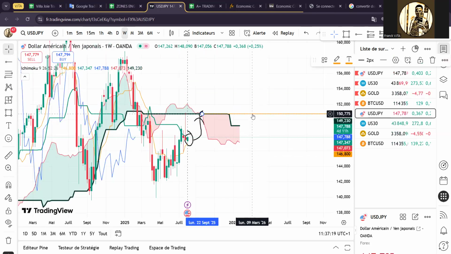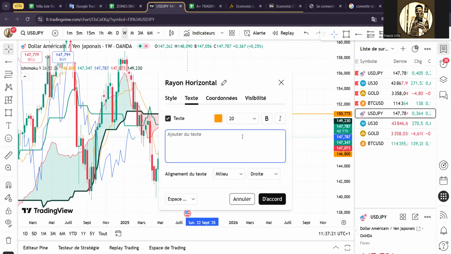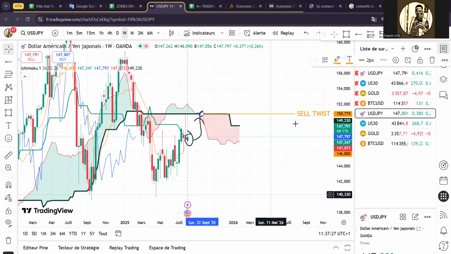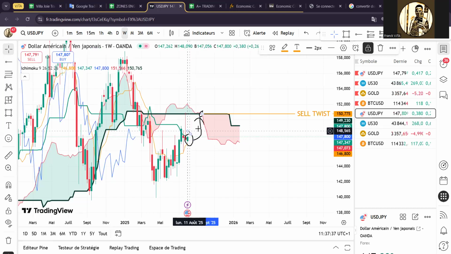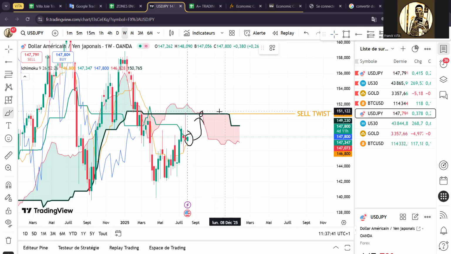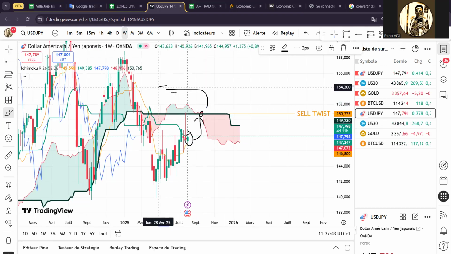So I have a model here that is a twist above the price, so I will call it sell twist, and I lock it. Why do I lock it? I lock it for one reason: when I want to erase my black drawings, I don't want my lines to be erased too.